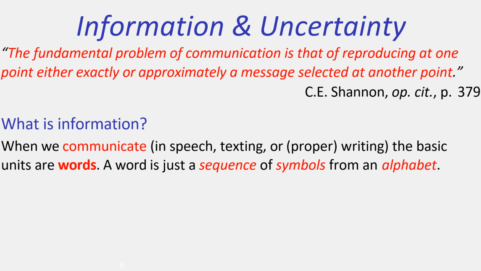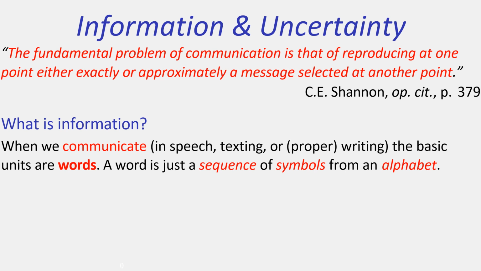So, what happens when we try to communicate with someone? Doesn't matter whether it's in speech or a text message or in written form. What we work with, the basic units we work with, are words.